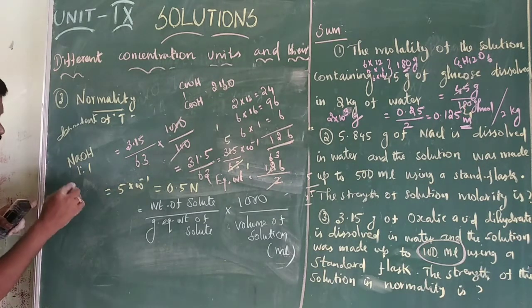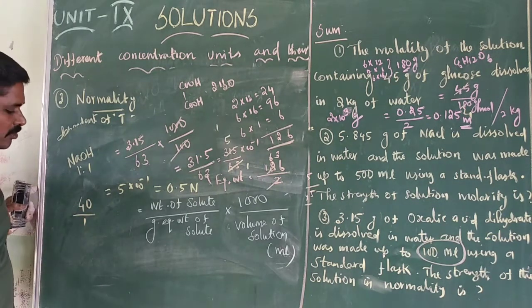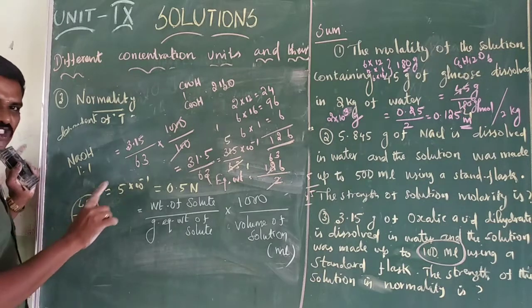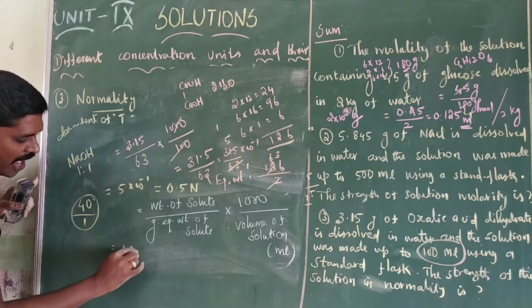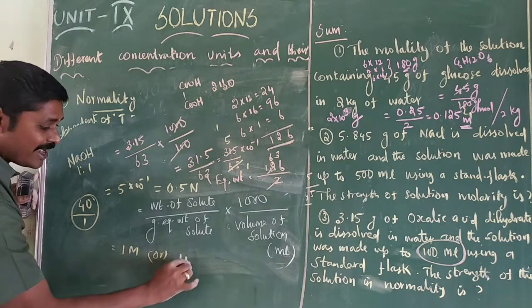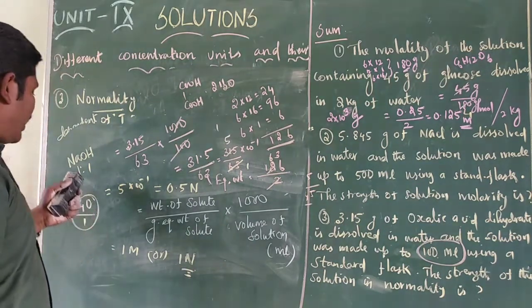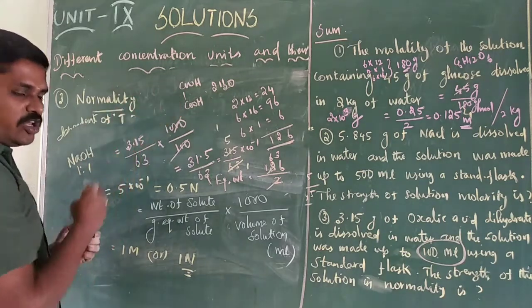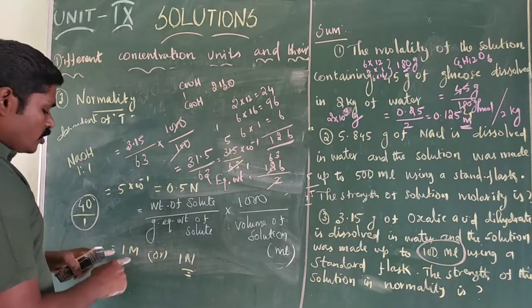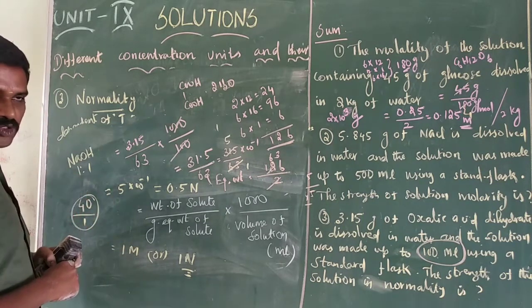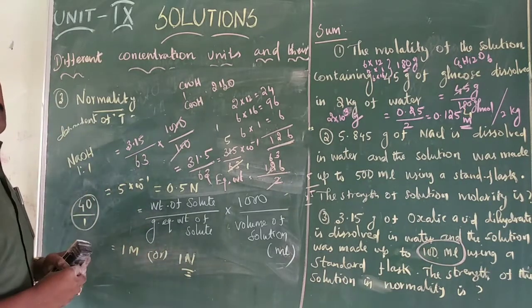So the sodium hydroxide molecular mass 40 divided by valency 1. 40 gram of the substance dissolved in 1 liter solution gives 1 molarity or 1 normality. The 40 gram of sodium hydroxide is dissolved in 1 liter solution, that gives 1 molarity of sodium hydroxide. The solution is 1 molarity of sodium hydroxide or 1 normality of sodium hydroxide.